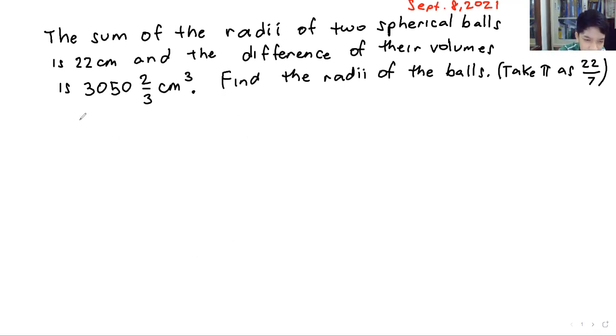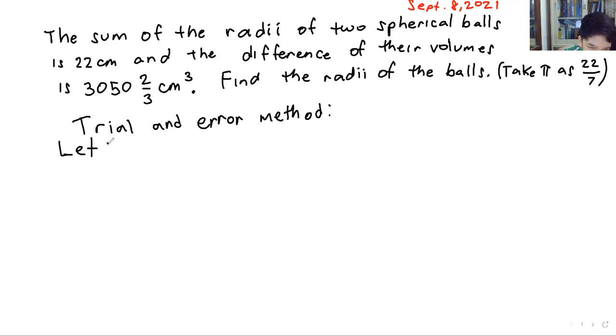So let's start with the trial and error method. Let x equal radius 1 and y equal radius 2.